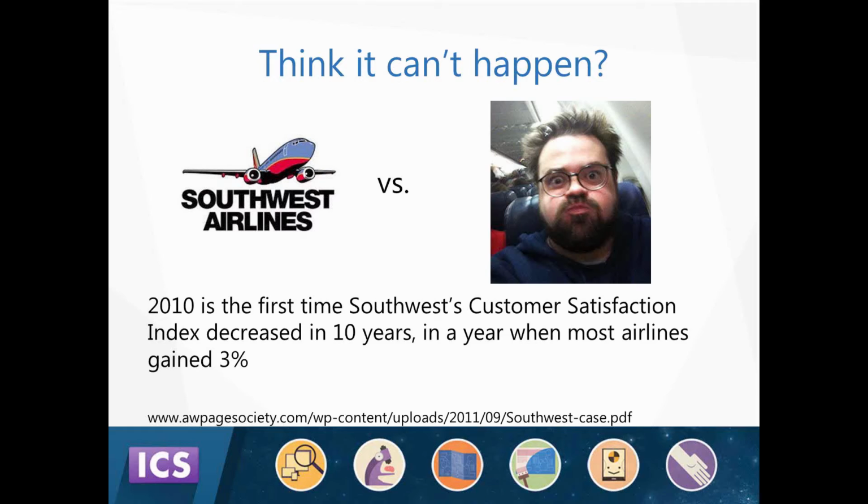For the first time in 10 years, their CSI sank in a time when other airlines who weren't necessarily as good airlines, at least in my opinion as an experienced business traveler, went up. Southwest went down. Do we attribute that to Kevin Smith's rants? Well, maybe, maybe not. There's the school of thought that says any publicity is good publicity. I'm not sure.